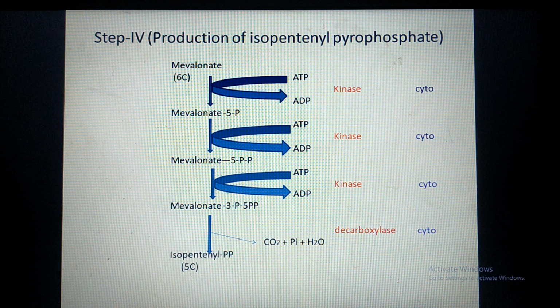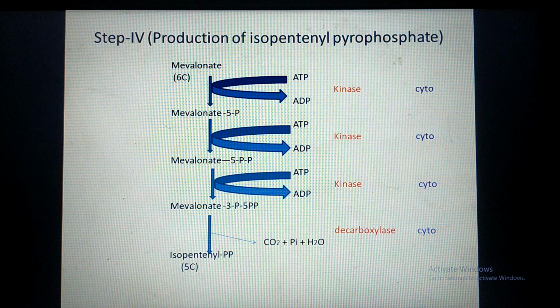Now this compound is unstable, which undergoes decarboxylation to give one carbon dioxide molecule and forms isopentenyl pyrophosphate. All these steps occur in cytoplasm.